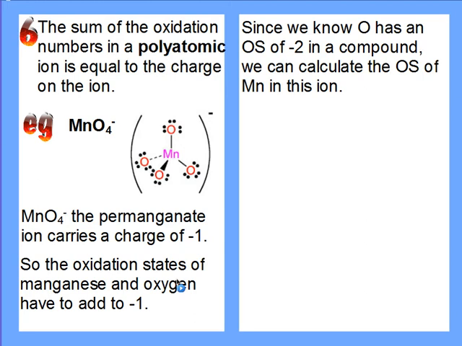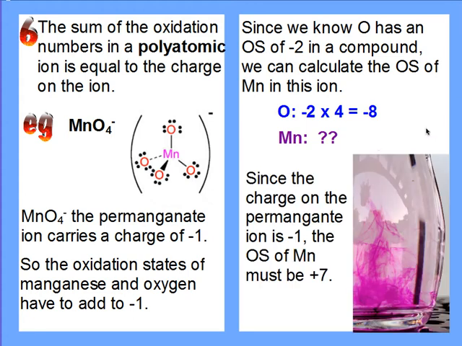Since we know oxygen has an oxidation state of -2 in a compound, we can calculate the oxidation state of manganese in this ion, where oxygen gives us a total charge of -8, and manganese must therefore, to give us an overall charge of -1, be +7.